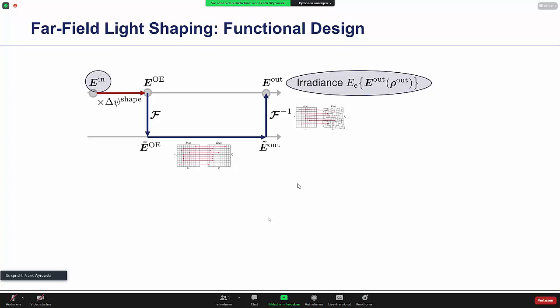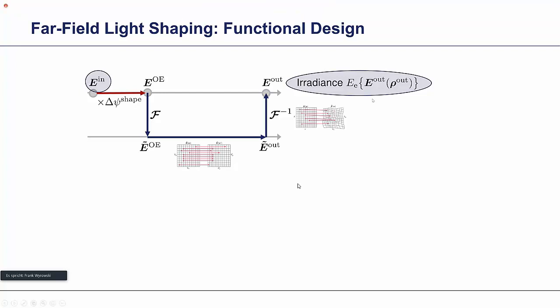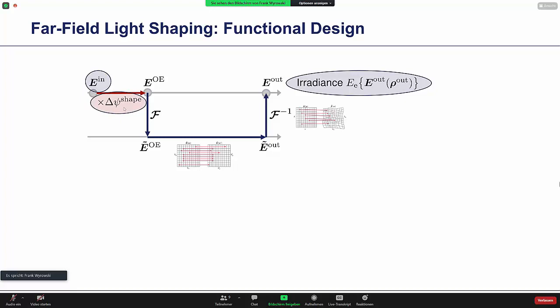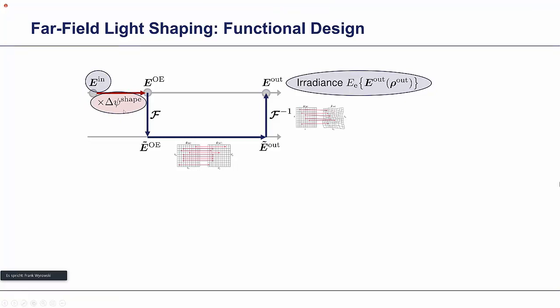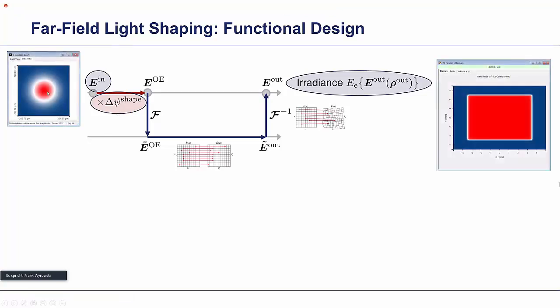Let's consider the functional design. Functional design means the input field is given, the irradiance of the output is given, and we are looking for the phase which we need to introduce to do the shaping. If you know the phase, you can calculate the elements. Now, let's assume we have a Gaussian input and we'd like to have a top hat in the output.